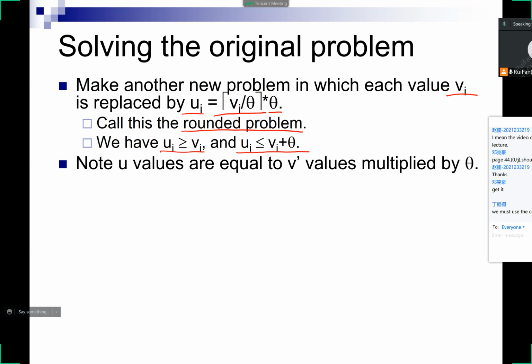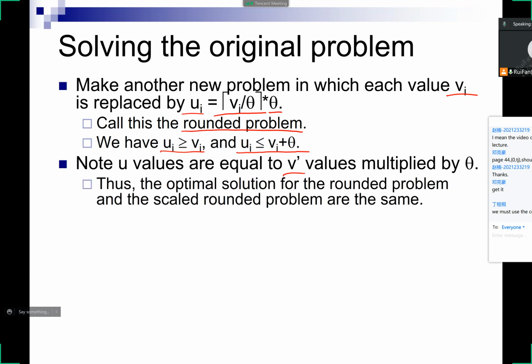The u values are just the v prime values multiplied by theta. So if you look at the optimal solution when you use these v prime values versus your optimal solution when you use the u values, with v prime you have one instance of knapsack, and with the u values you have a different instance.